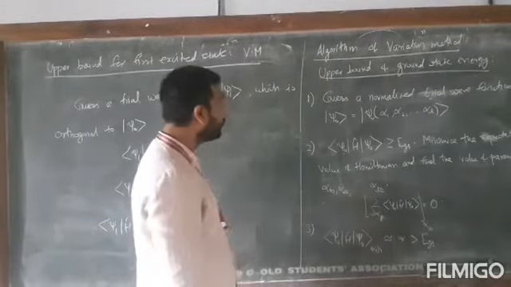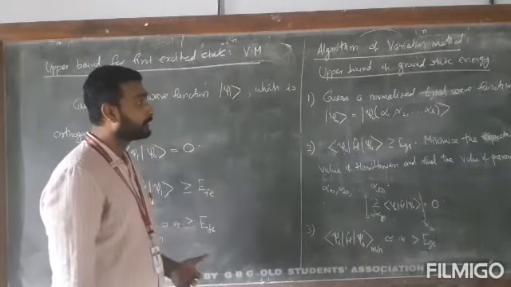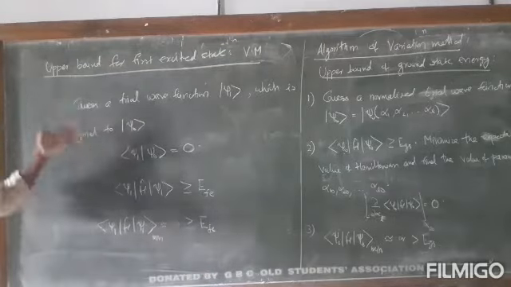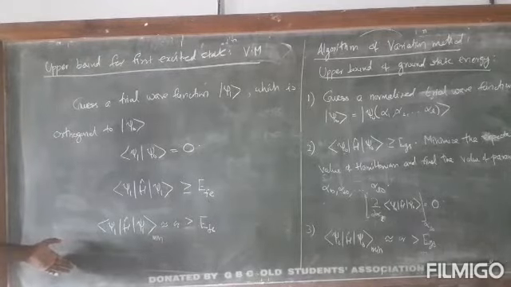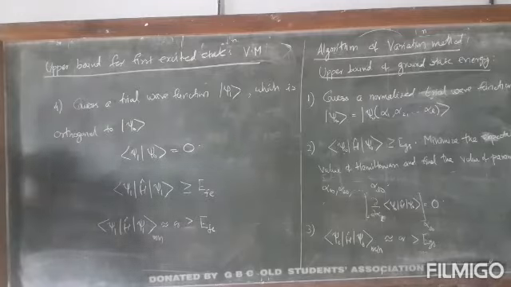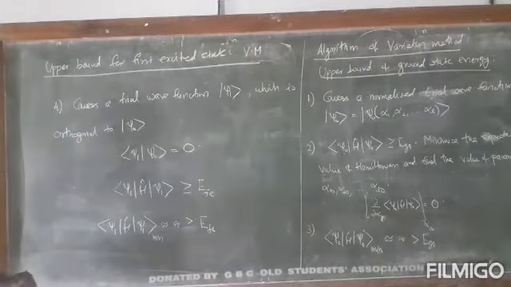Now how to find the upper bound for the excited state? We have discussed that here. In order to find the excited state, I can write a trial wave function psi 1, which is orthogonal to psi 0.